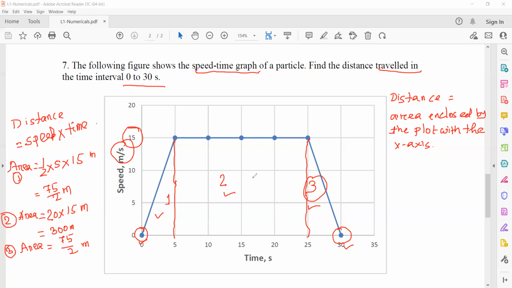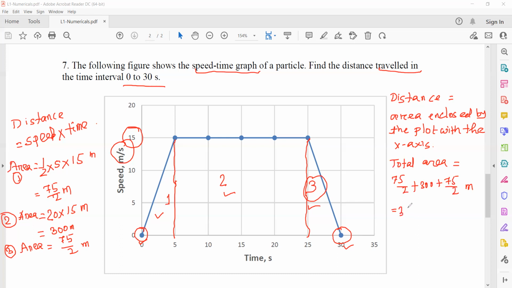So total area is 75 by 2 plus 300 plus 75 by 2 meter.